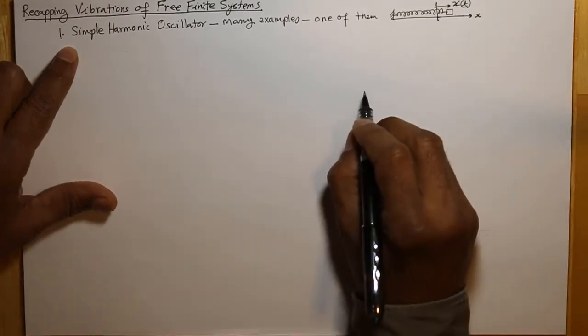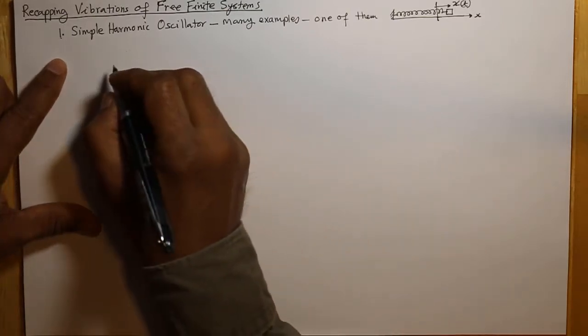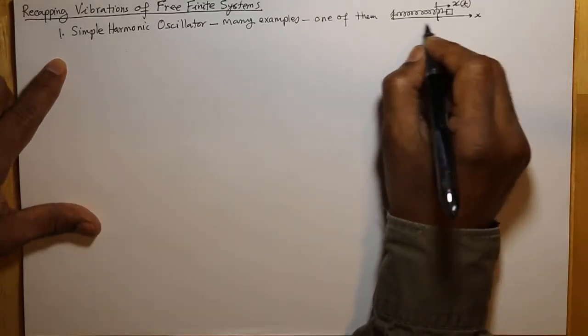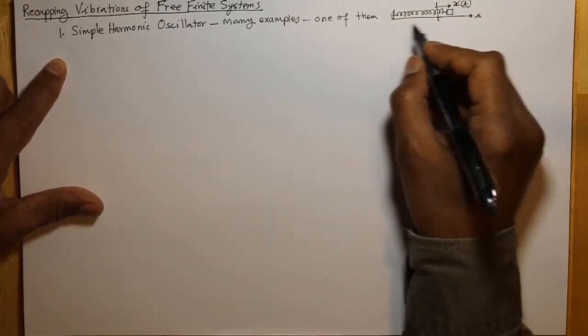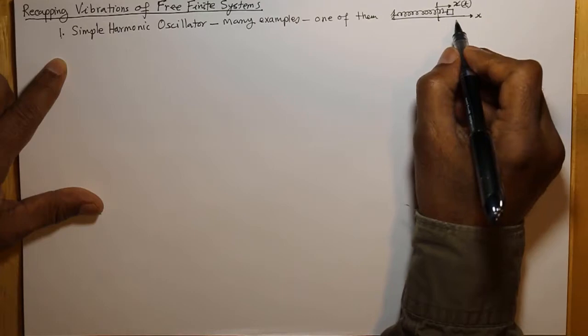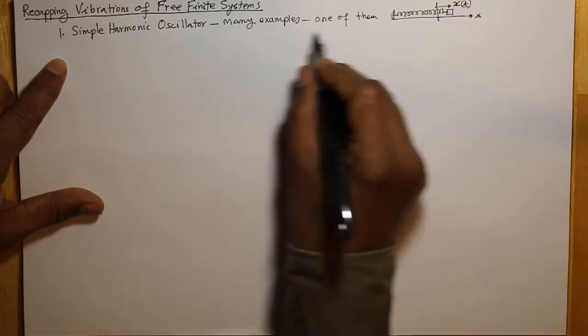So x is the dynamical variable, but this is not the only system. You saw other systems which behave in a simple harmonic oscillator way.